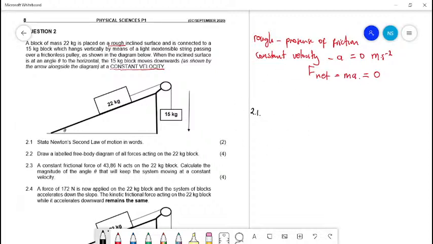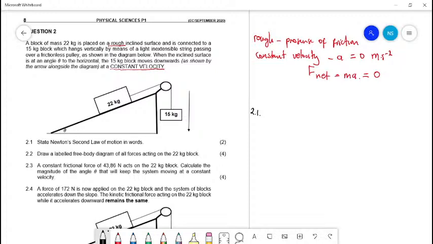Unfortunately, when you are writing, you won't be able to consult the examination guidelines. So as a learner, you need to make sure that you know all your definitions just like that. So they want you to state Newton's second law of motion in words, right?